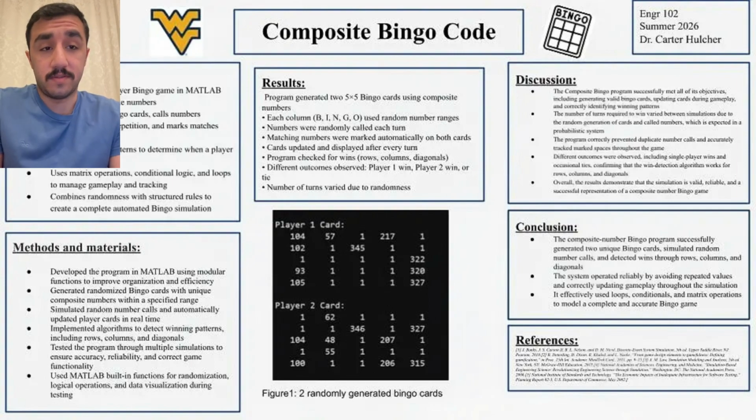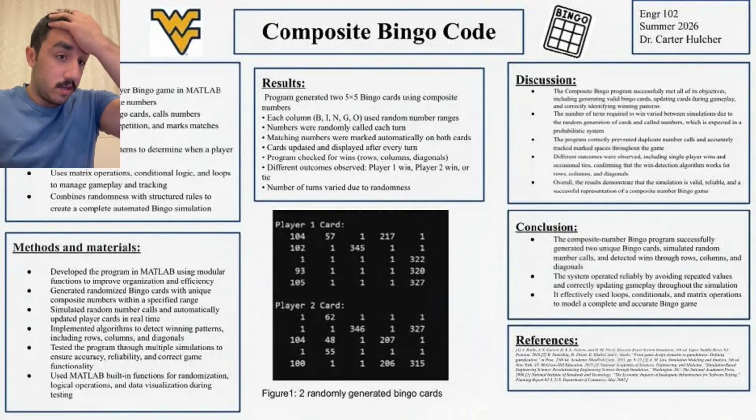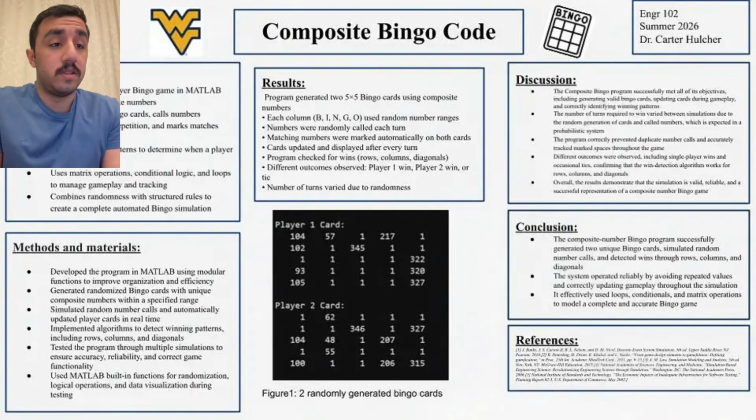Another important observation was the difference in the number of turns to win for different games, since the bingo cards and called numbers are randomly generated. This is to be expected when we run the simulation, as each time we run it, the outcome will be different.